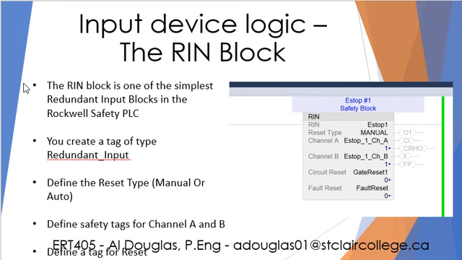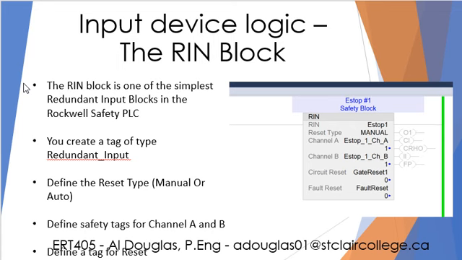And then we got into the actual blocks. So we're using these redundant input blocks for all of our devices. So we did this in the lab. So we can use these for both e-stops, safety gates, and light curtains. The redundant input block. We define this as either manual or automatically resetting.